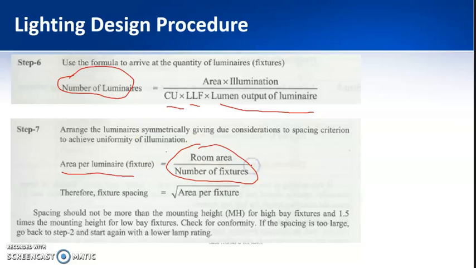The number of fixtures you are getting from here, and then fixture spacing or luminaire spacing is nothing but root of area per luminaire, and the spacing should not be more than the mounting height for high bay fixtures, that is in the case of godowns and all, and 1.5 times the mounting height for low bay fixtures. Low bay fixtures are nothing but what we are using in our domestic purposes.